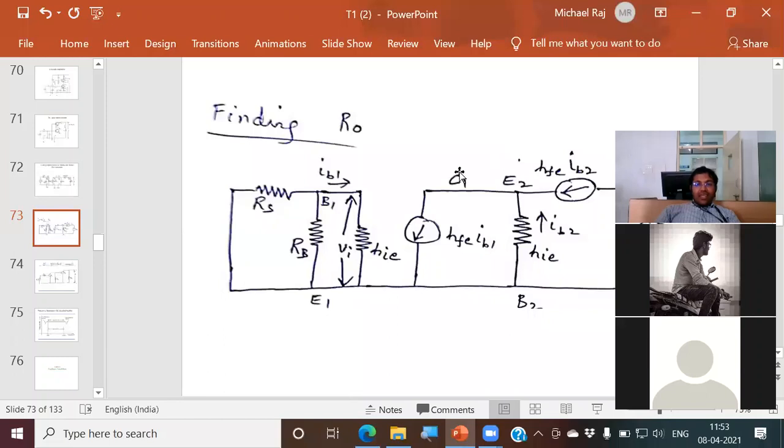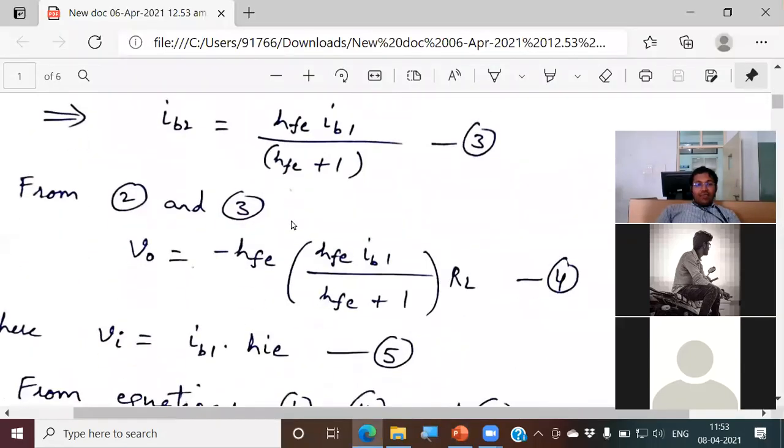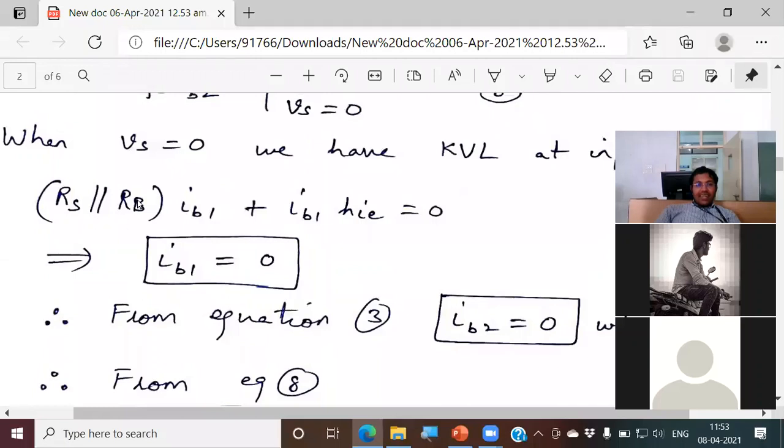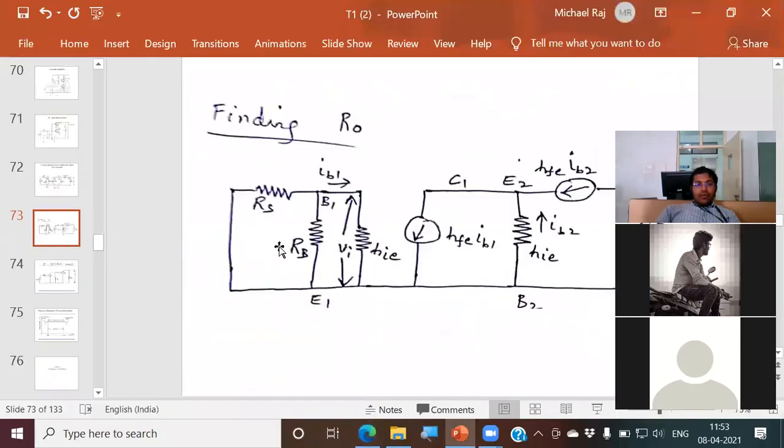See, KVL is sum of voltages is equal to 0. How to get voltage? Resistance into current. Fortunately, these two resistors are in parallel, so I can replace them by a single resistance, which I will call RS parallel RB. Now, through this single resistance, the current flowing is IB1.